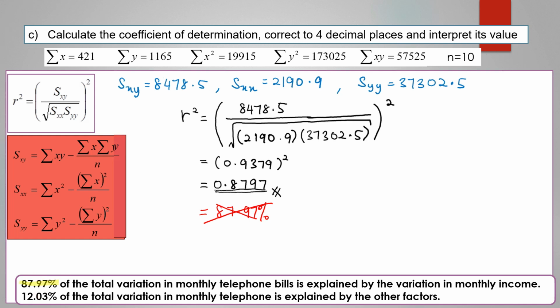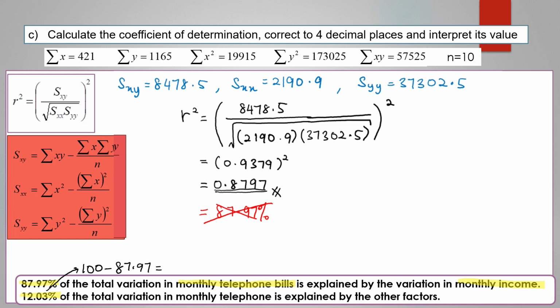87.97% of the total variation in monthly telephone bills is explained by the variation in monthly income, whereas 12.03%. How do you get 12.03%? 12.03% comes from here, 100 minus 87.97.